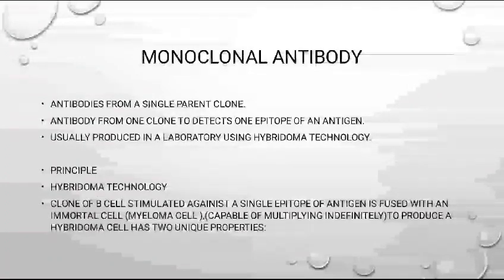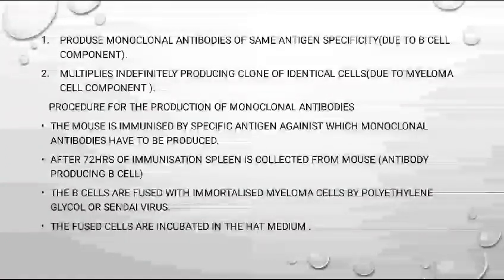This has two unique properties. The first is that it produces monoclonal antibodies of the same antigen specificity, due to the B cell component. The second is that it multiplies indefinitely, producing clones of identical cells, due to the myeloma cell component.